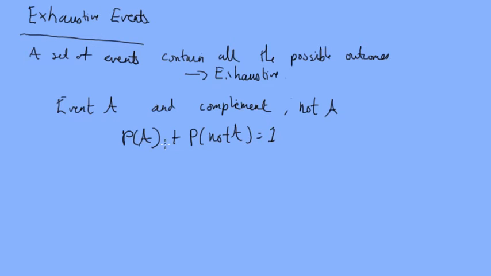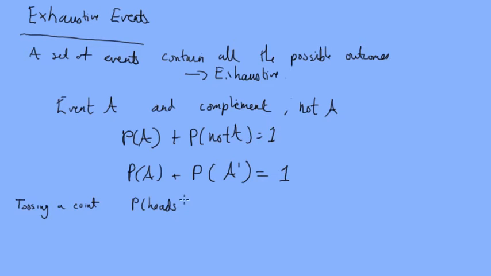In set notation, the probability of not A is written A dashed. So in the example of tossing a coin, the probability of heads is 1 over 2, the probability of tails is also 1 over 2, and these are exhaustive, so a half plus a half equals 1.